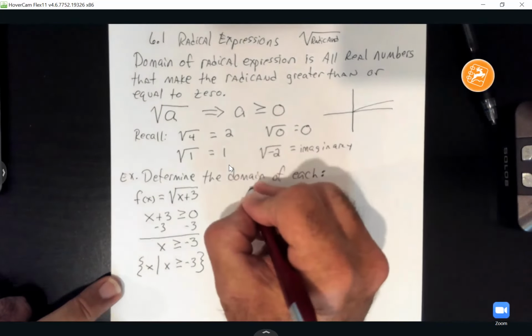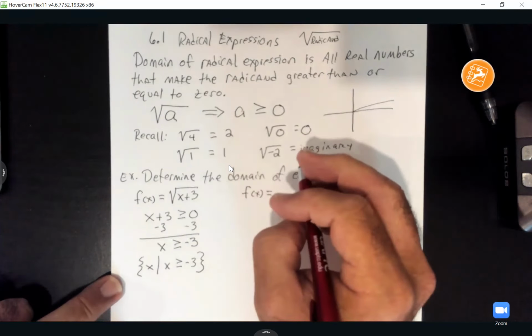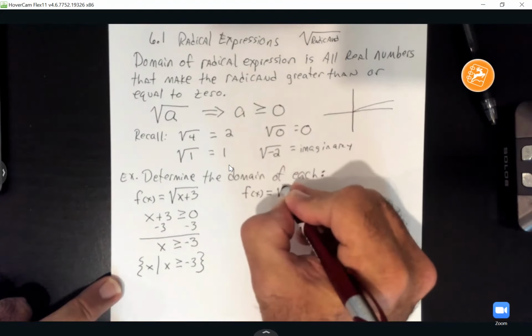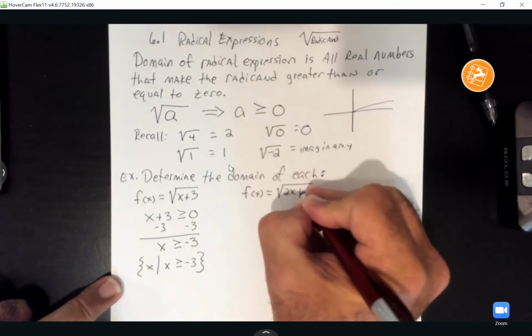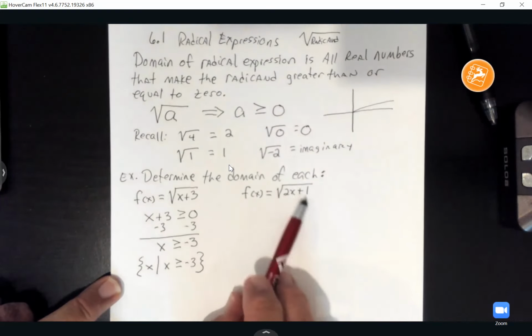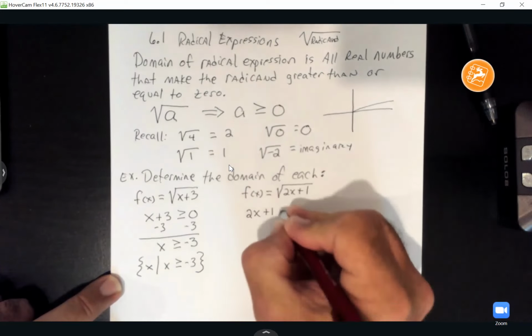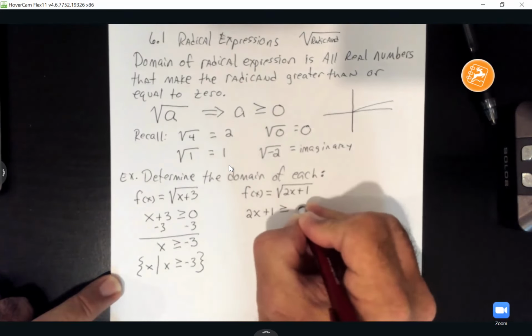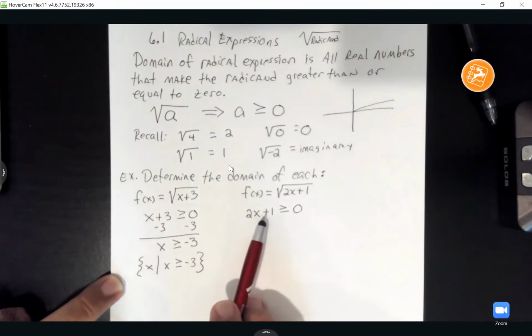Watch this one. F of x equals a square root of 2x plus 1. So we know that this 2x plus 1 underneath has to be greater than or equal to 0. So I would solve this. Subtract 1 first.